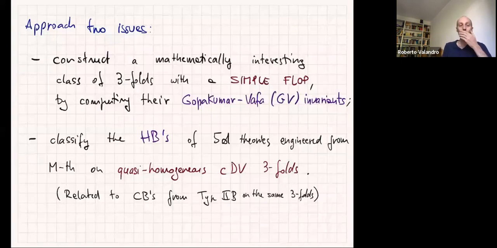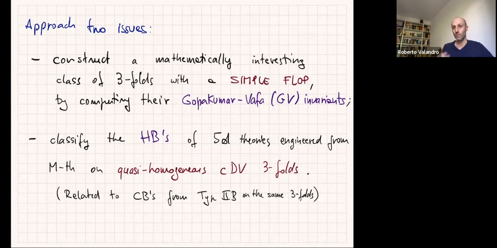Now, what we did was to develop a method that allowed us to approach two issues. On one side, by studying some simple theories, we were able to construct a mathematically interesting class of threefolds with a simple flop, and compute with a novel method their Gopakumar-Vafa invariants, which I will call GV in the rest of the talk.